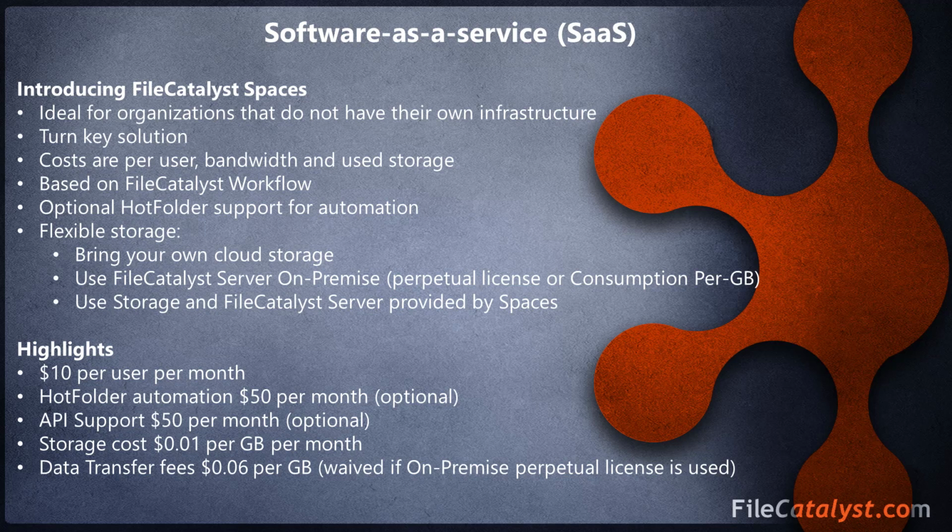You can add API integration, and then you pay a penny per gig per month for storage, and you pay 6 cents per gig transferred. Of course, if you're connecting to your own existing on-premise perpetual license, then this fee is waived because you already own that license. This is probably going to be coming out in December this year as software as a service, and it's going to be called FileCatalyst Spaces.